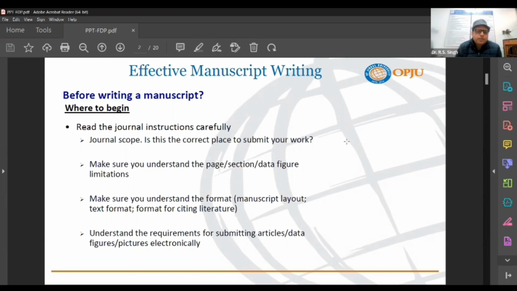The format of the article varies from journal to journal, so you need to construct your manuscript accordingly, and references also differ from one journal to another. So read the journal instructions, and you should decide whether the content of your manuscript is appropriate for that particular journal or not.